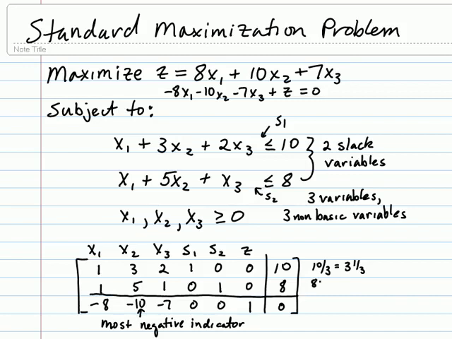Our second ratio would be 8/5, which is 1 3/5. The smaller of those two, and actually we're looking at the smallest non-negative entry of these two, would be 1 3/5. That's an indication that the 5 is the pivot element. So let's pivot then on the 5.